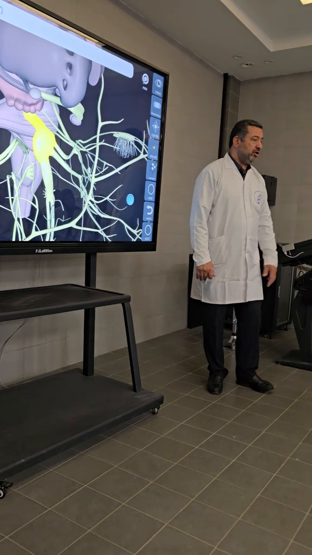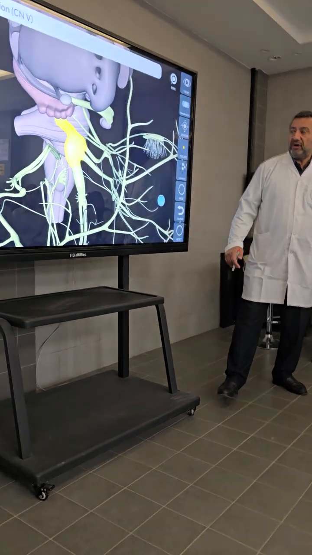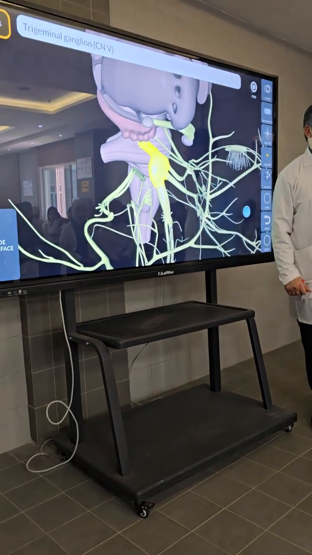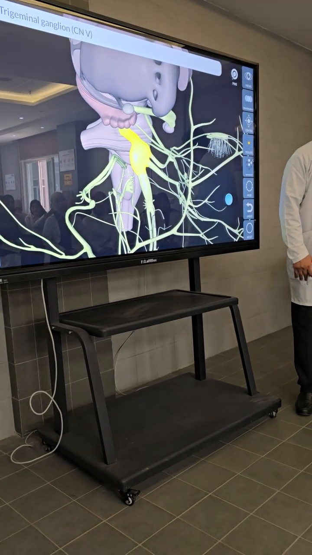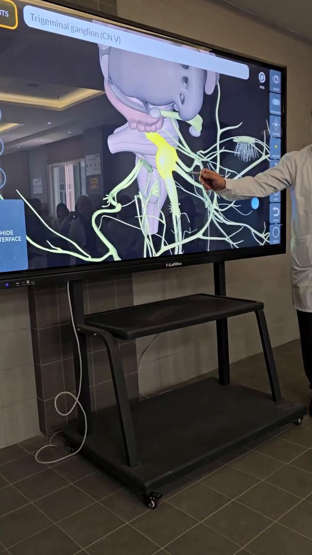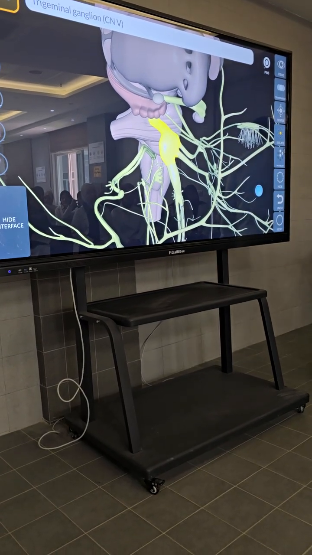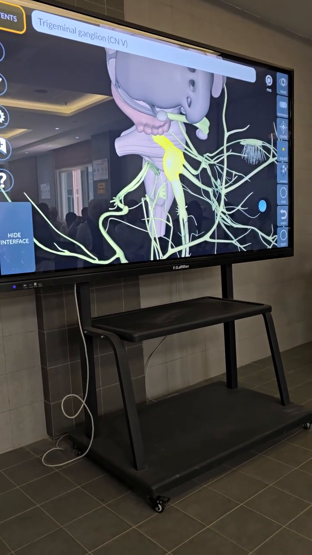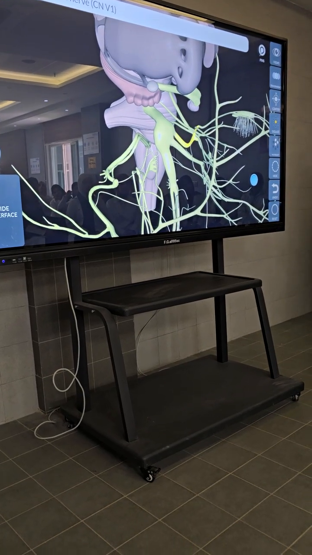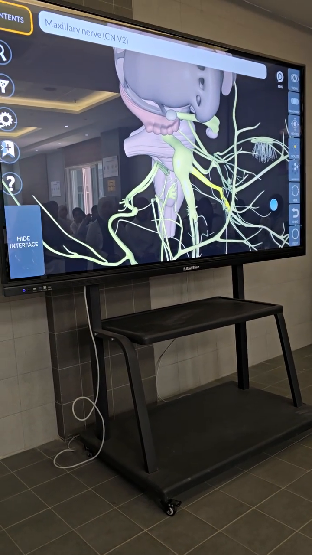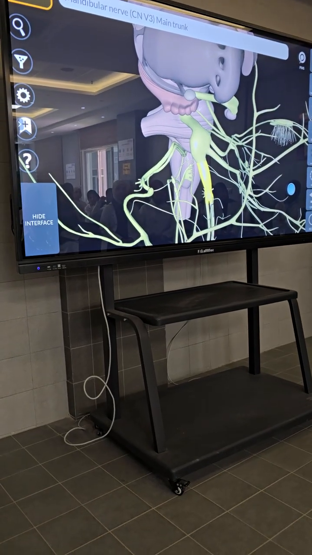From the anterior border of the semilunar ganglion, or Gasser's ganglion, or trigeminal ganglion, three branches emerge: the ophthalmic nerve, the maxillary nerve, and the mandibular nerve.